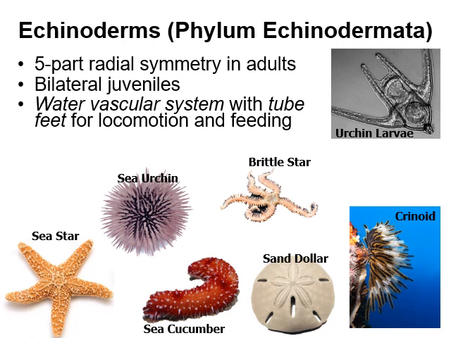And by pushing around water inside of those tubes, it makes these little tube feet, these little suction cup things, stick out of them. And by moving around those different tube feet, that's how they actually slowly move over the sea floor and grab things and such. So hundreds and hundreds of these tiny tube feet are controlled by this water vascular system that they use for moving around.